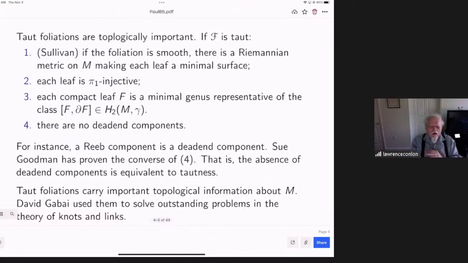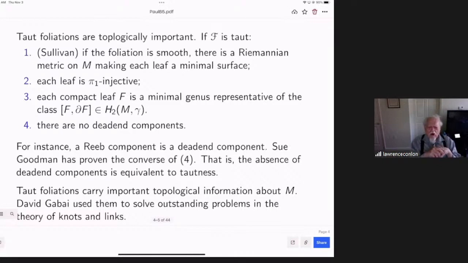Its fundamental group maps one-to-one into the fundamental group of the manifold under the leaf inclusion. And each compact leaf of the foliation has minimal genus in its homology class. The leaf basically defines the homology class in relative homology M comma gamma. The boundary of F is hitting gamma. And finally, there are no dead-end components.